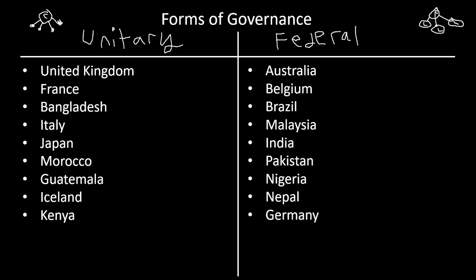The composition of unitary and federal states can vary around the world. We see some Asian states that are unitary or federal, some African ones that are unitary and federal, Europe that's unitary and federal. It just really depends on the state. I talked about the size of that earlier, so go rewind if you can't remember that.